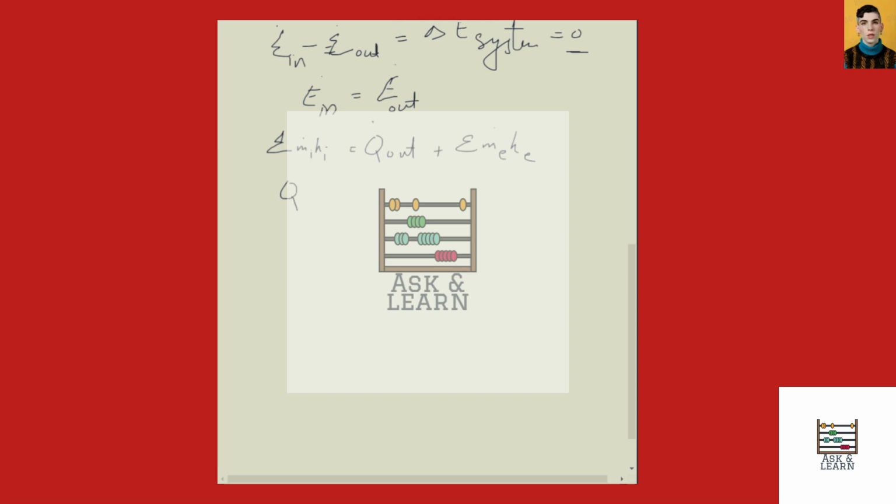Q dot out would become m dot a1 h1 plus m dot w hw minus m dot a2 h2.